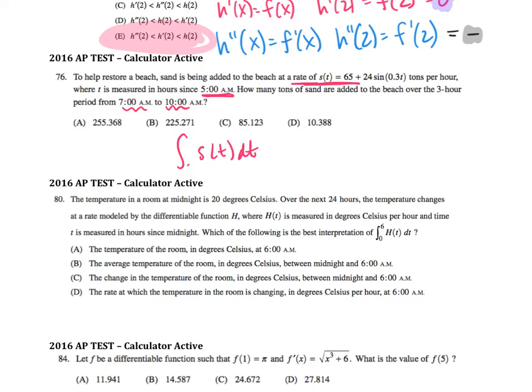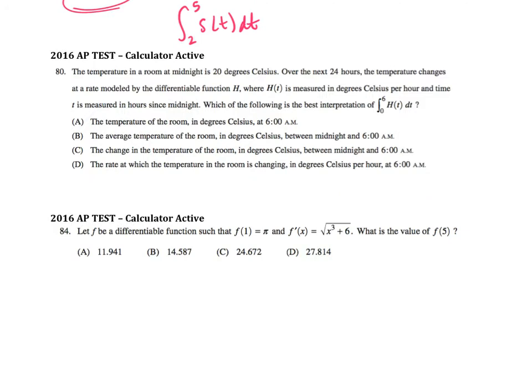So 7 a.m. is 2 hours after that, and 10 a.m. is 5 hours after 5 a.m. So my bounds will be 2 to 5. When you type that in using Math 9, you'll get 255.358.